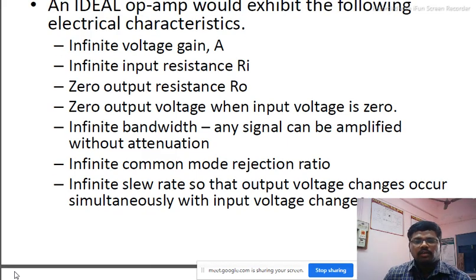These are the ideal characteristics of an operational amplifier.